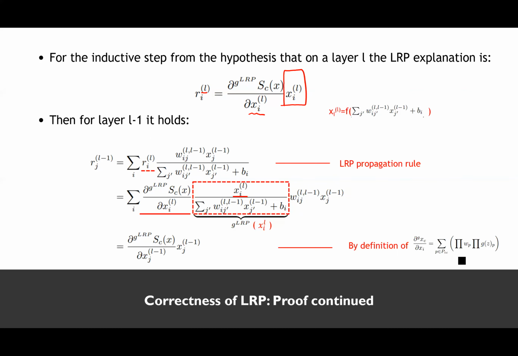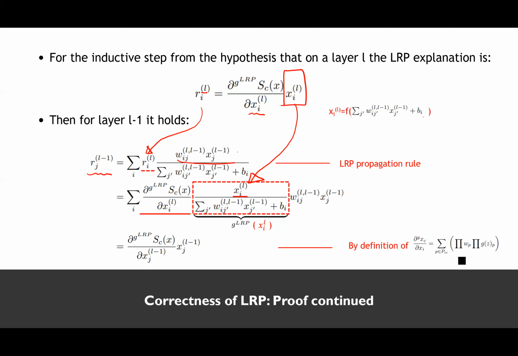Then we can also apply the LRP rule, which is the LRP rule from the L-1 layer to the l-th layer. Then we apply the definition of R_i^l as shown here. So this is the LRP rule, and we can focus on that. This is x_i^l and w_ij, and yes, x_i^l is coming from here, right?